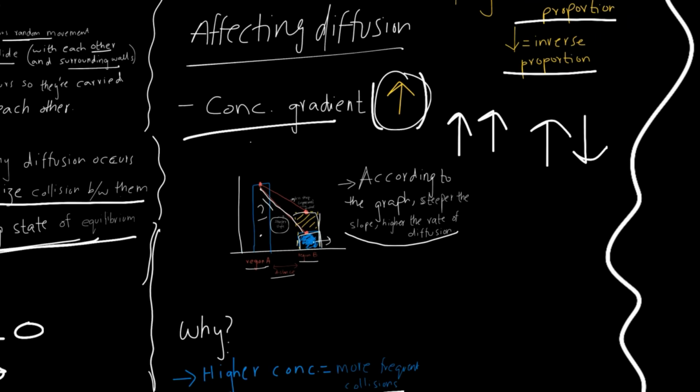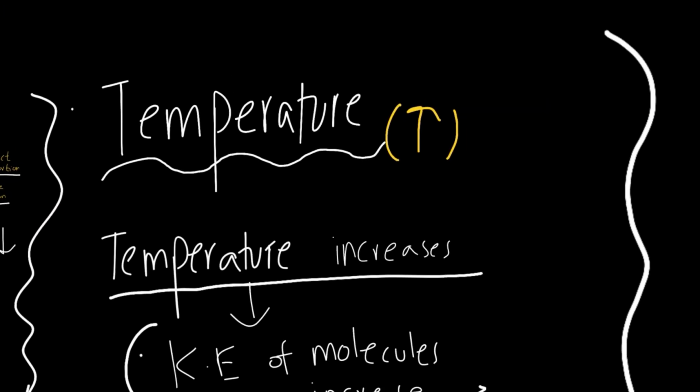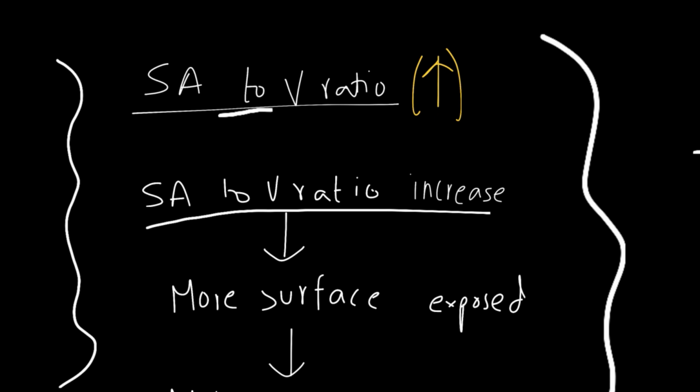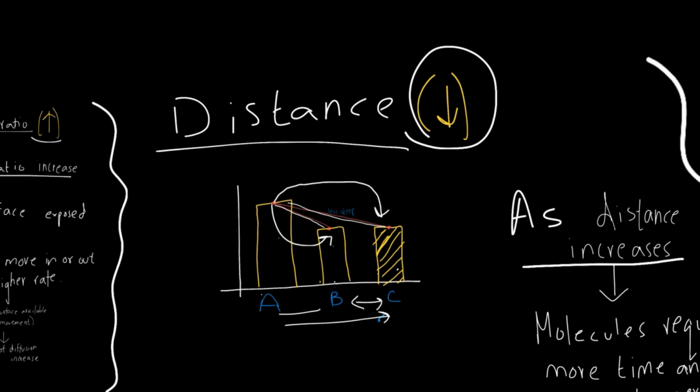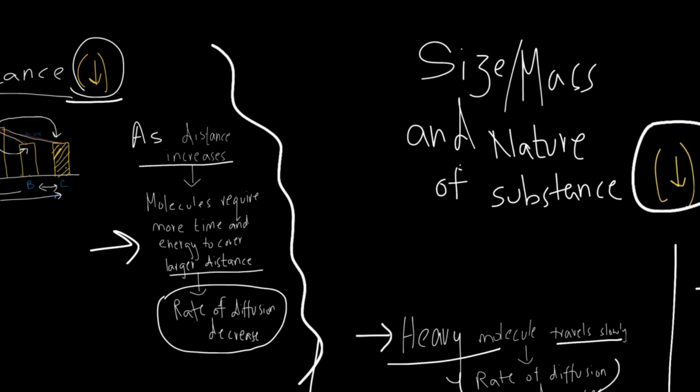When you increase the concentration gradient, the rate of diffusion also increases, direct proportion. When you increase the temperature, the rate of diffusion increases, and I've stated why. When you increase the surface area to volume ratio, the rate of diffusion increases in this case as well. However, if you increase the distance, the rate of diffusion decreases because molecules require more time and more energy to cover large distances.